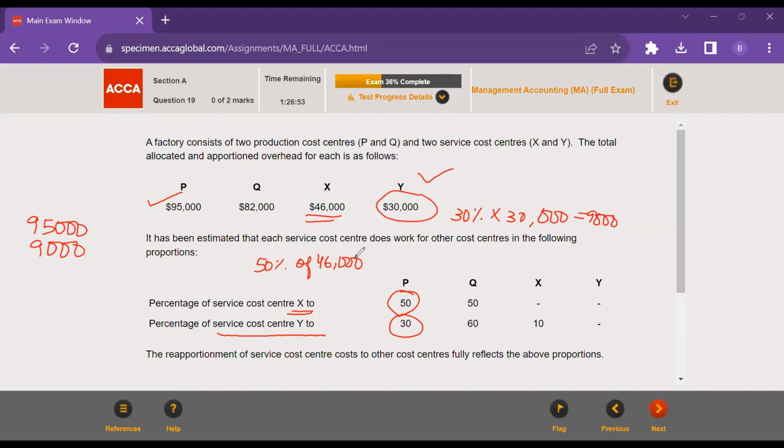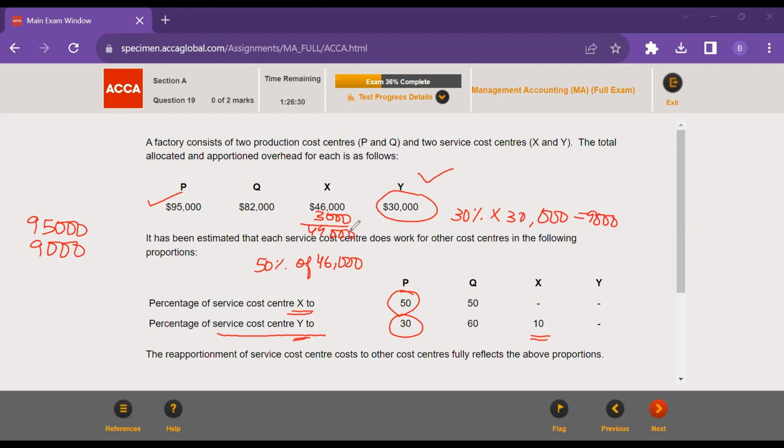Okay, so first of all, we also have to consider that there will be some costs that are also allocated to X. So we can see that 10% of Y's costs are also attributable to X. So 10% of 30,000 is 3,000. That means a total of 49,000 is attributable to your X, right?